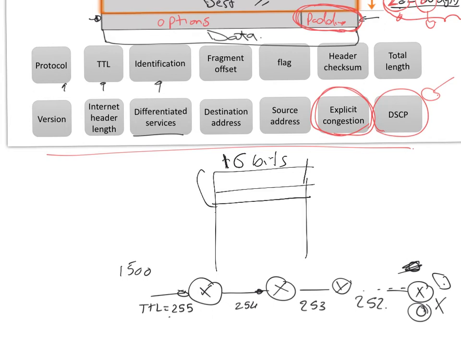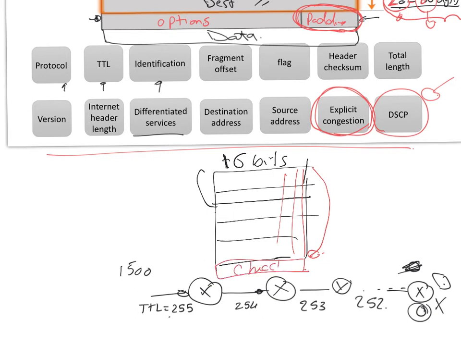So this is one row and this is one row and so on. So it will arrange the header and the data in 16-bit words, and then it will add or XOR all the bits in each column, and then it will put this in the checksum.